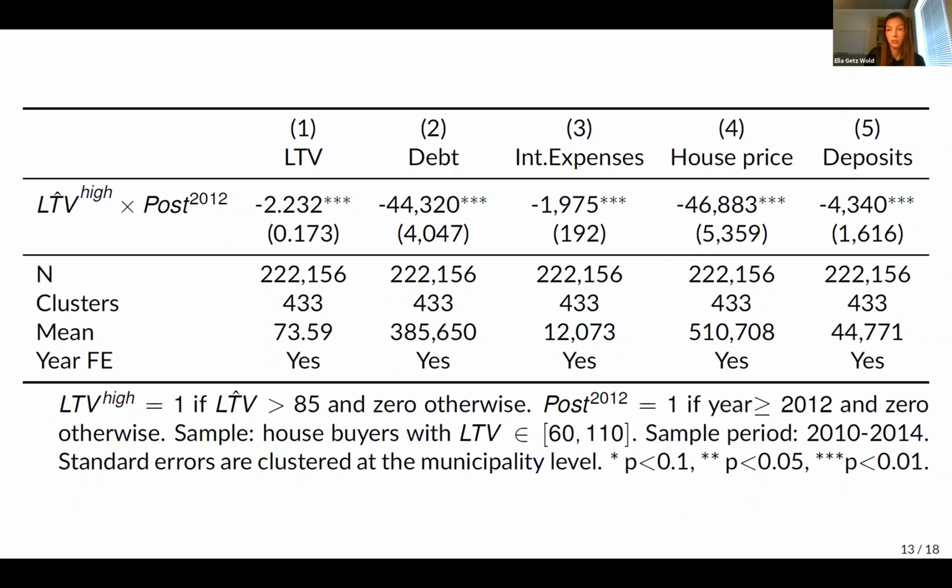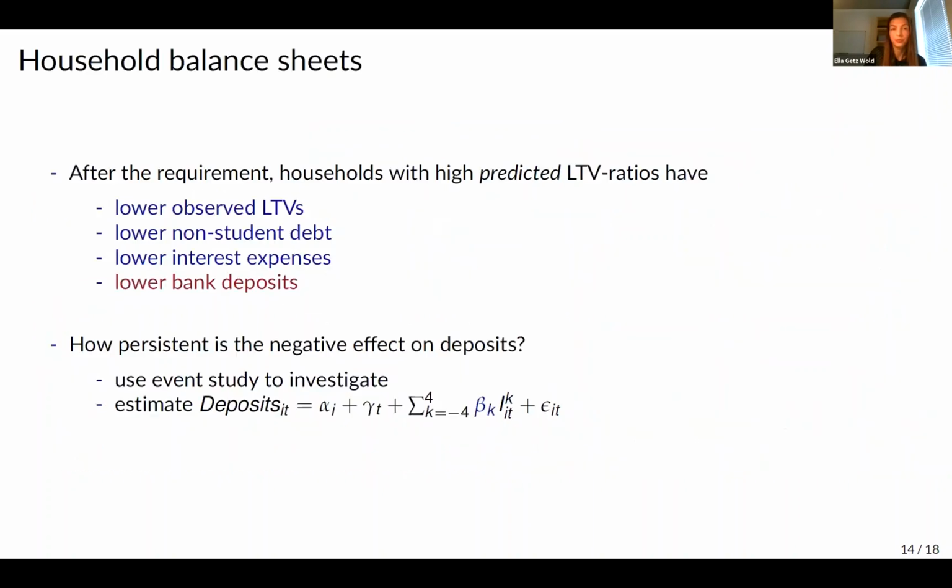So that's our measure of liquid assets. So to sum up, after the requirement, households that have high predicted LTV ratios now have lower observed LTV ratios, lower non-student debt, and lower interest expenses, but they also have lower bank deposits.